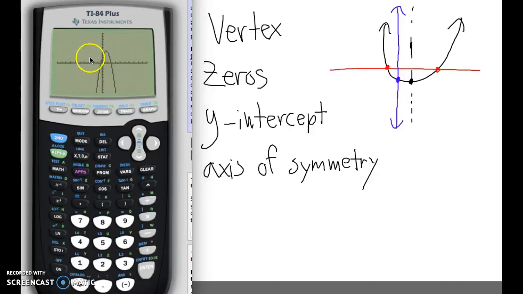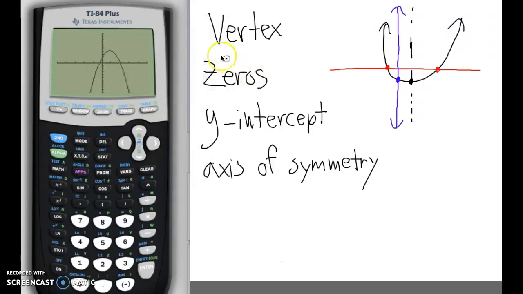I have a couple different options because it doesn't go too far to the left or too far to the right. So if I wanted to adjust my window, I can just maybe take away half of the x values on either side. So maybe instead of going from negative 10, I'll go from negative 5 to 5. And then when I go back to my graph, it just makes it a little bit easier to find everything. You'll still be able to find all of these key points, but it just makes it a little bit nicer.